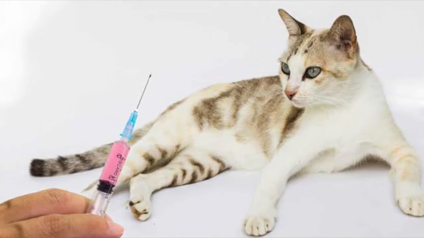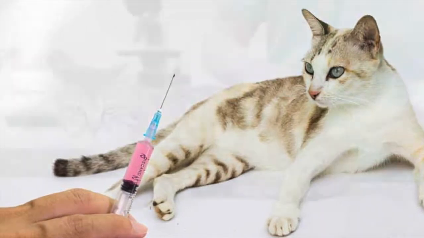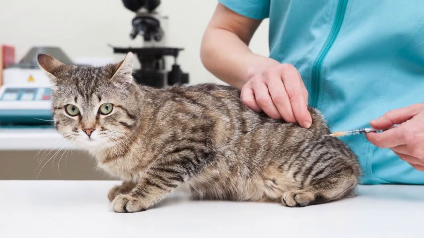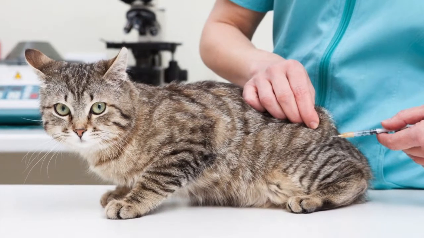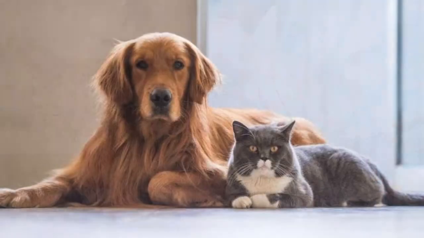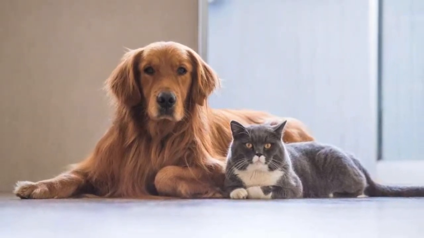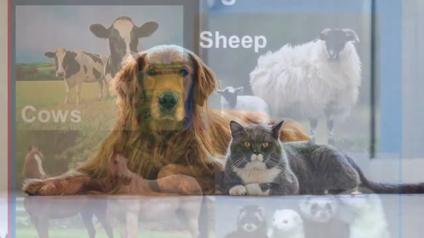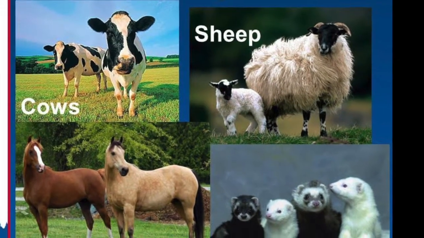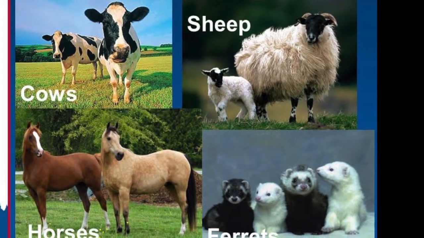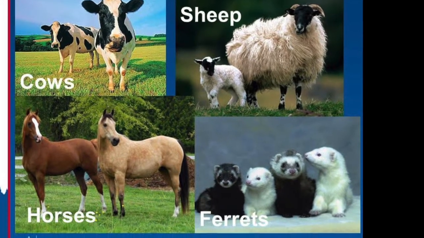Because of the increasing importance of rabies in cats, vaccination of cats is now recommended. Currently, rabies vaccinations are licensed for dogs, cats, ferrets, horses, cattle, and sheep.